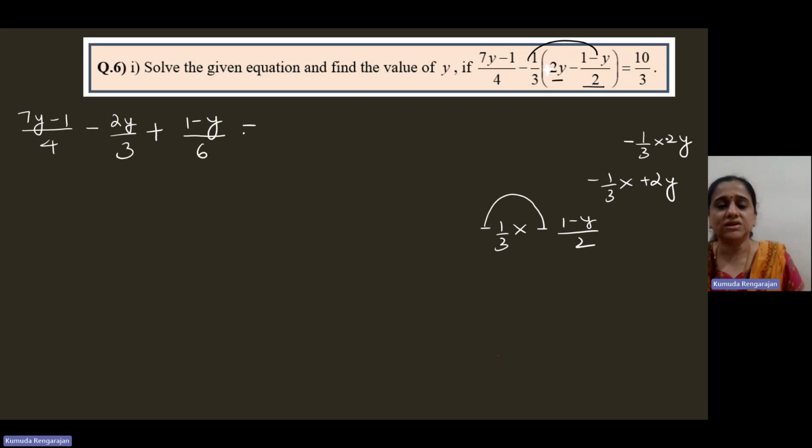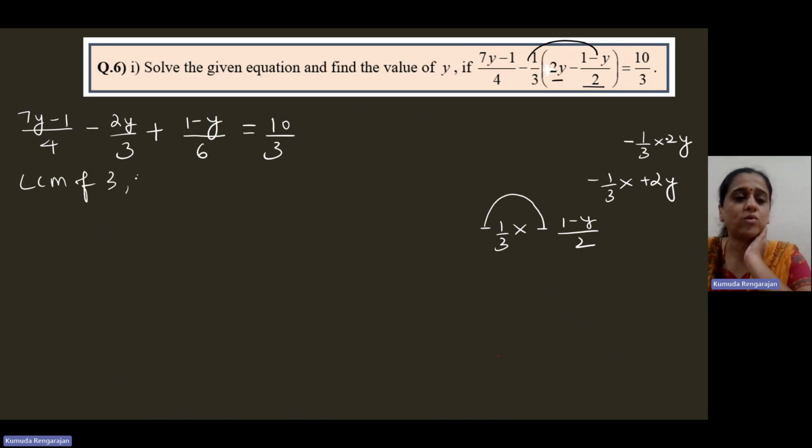Correct? Simple, right? Now, what are the denominators in the LHS and RHS? 3, 4, and 6. So the LCM of 3, 4, and 6 is 12.